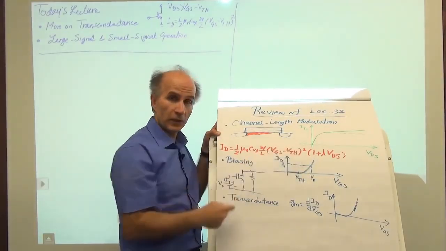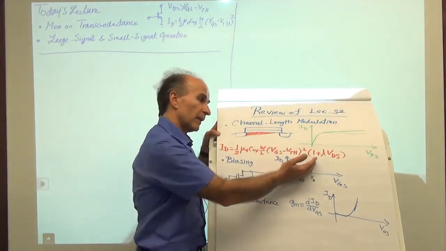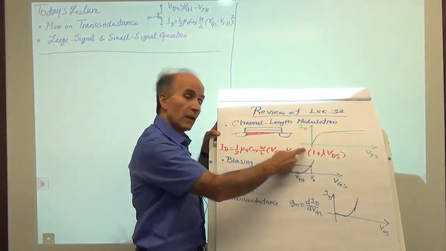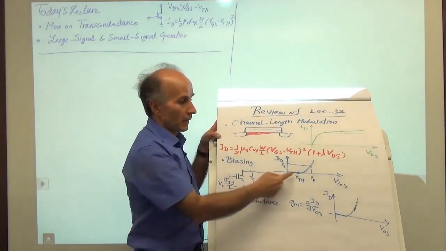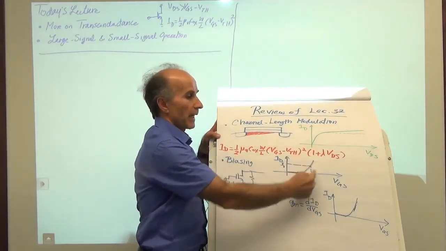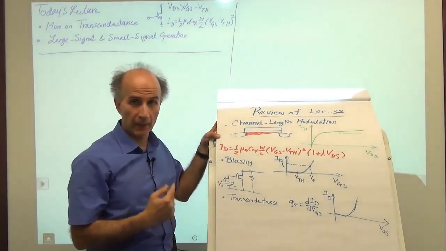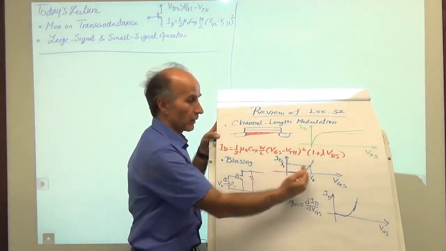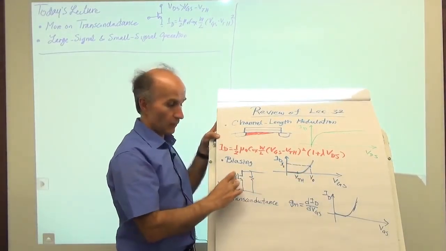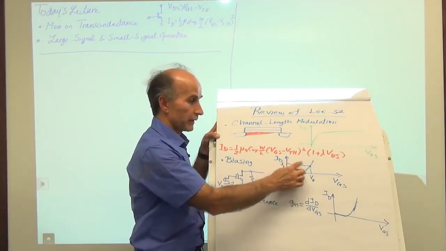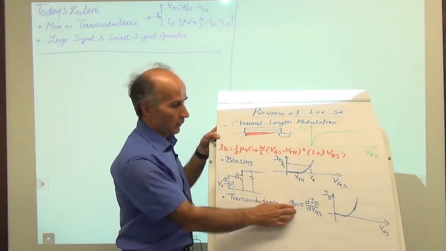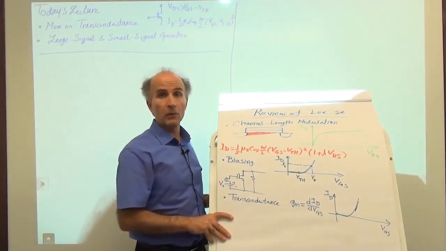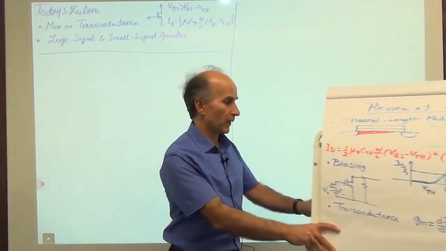Because of the power of 2, this slope keeps increasing as VGS increases. That tells us that a higher gate source bias voltage gives us a higher current and a higher slope. All right. So today we will delve into GM a little more and try to understand its properties.